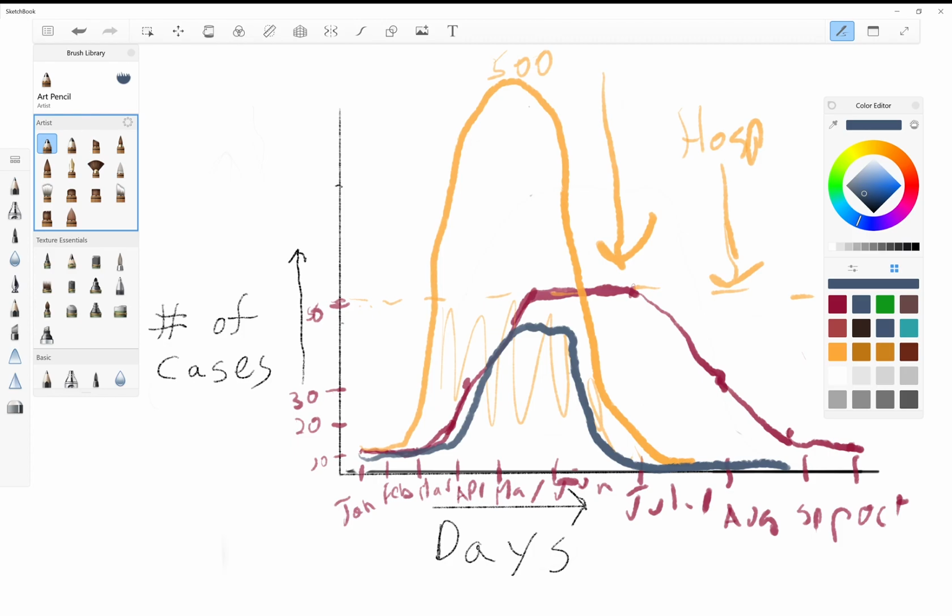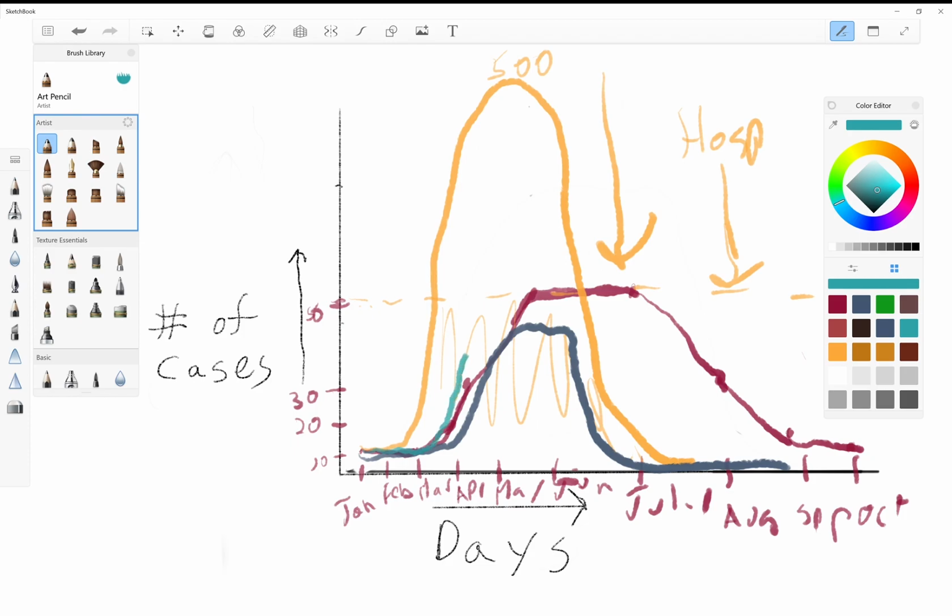However, if we stop right now, every single guideline, or if we get the economy back started like Trump wants to do, we might see a huge peak like this. Now, here's why this is also important. Sometimes what can happen is we get too hyped about this.